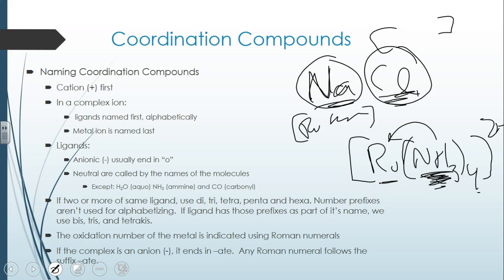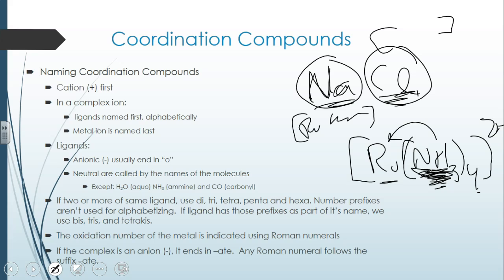If you have a ligand that is negatively charged, it usually ends in O. This is a neutral ligand, so that's why it's not amino. It's just amine. If it's a neutral ligand, typically we would just give it whatever its name is if it were a covalent compound.